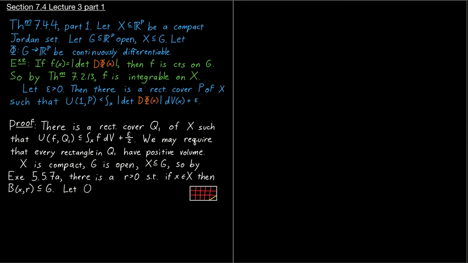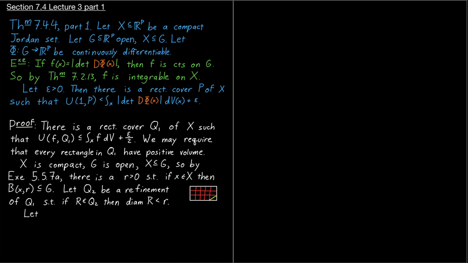So that means there is a refinement of Q1, Q2, such that every rectangle in Q2 has diameter less than that radius, little r.